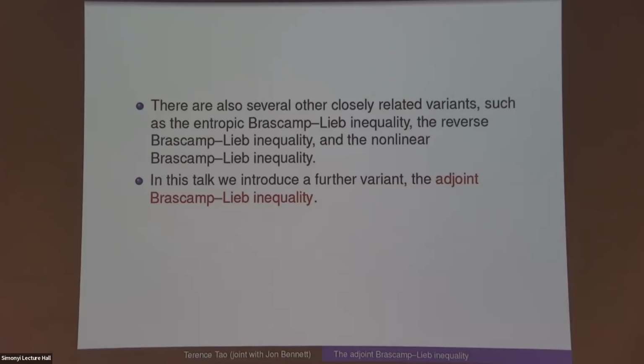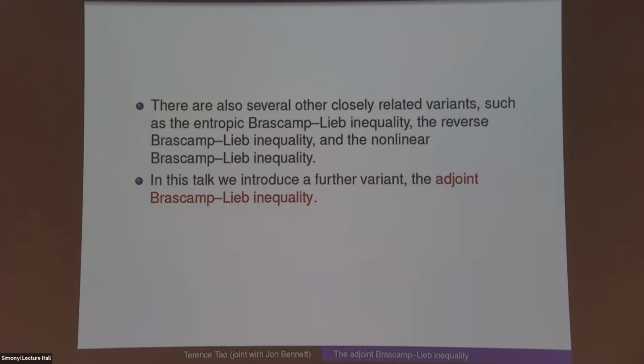It's less obvious how you can get adjoints of multilinear inequalities in general. You can try, you can do some things abstractly, but in the case of Brascamp-Lieb, there's one nice extra identity that makes it more favorable to take adjoints.